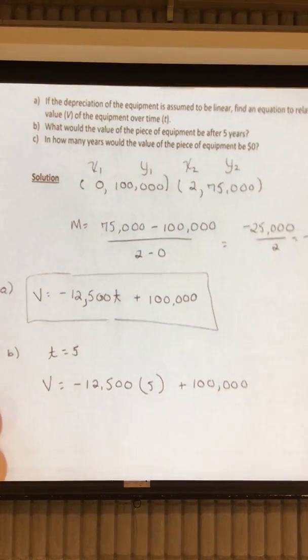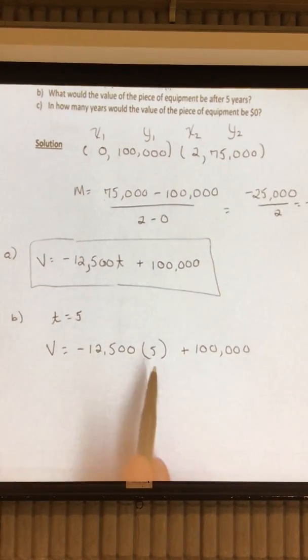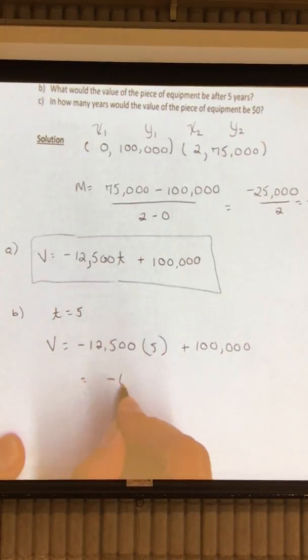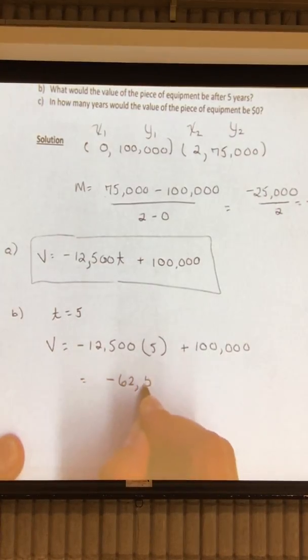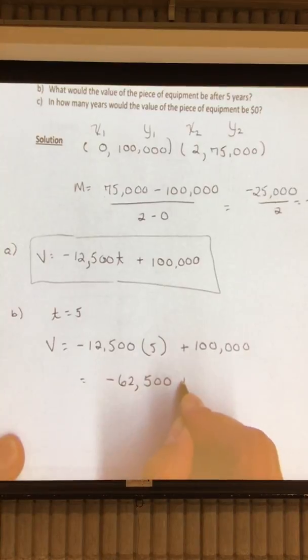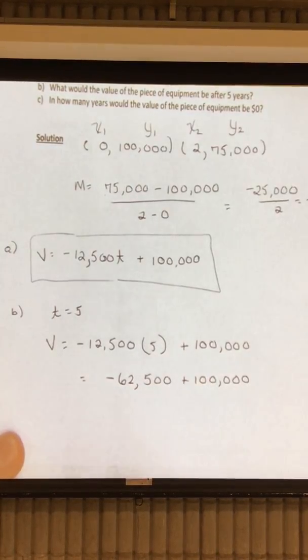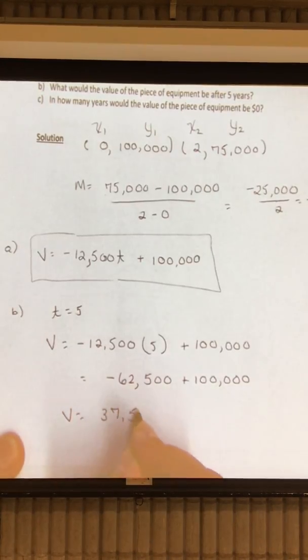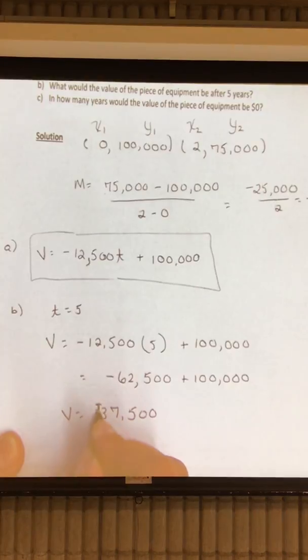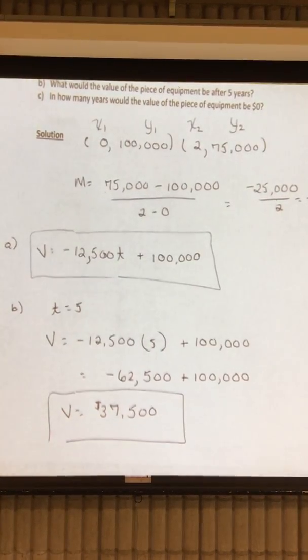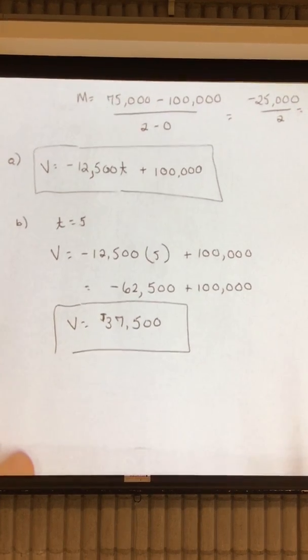And calculating that, negative 12,500 times 5 is equal to negative 62,500 plus 100,000. And that value is equal to 37,500. So after 5 years, the value of that equipment is 37,500.